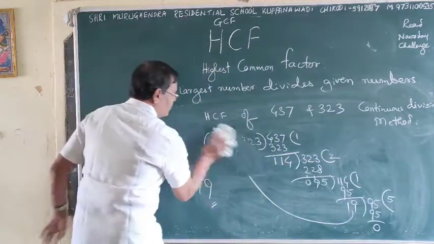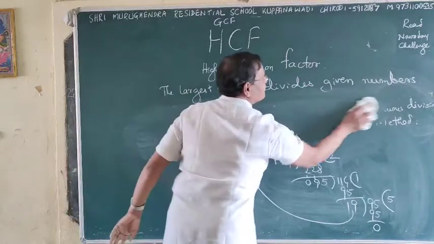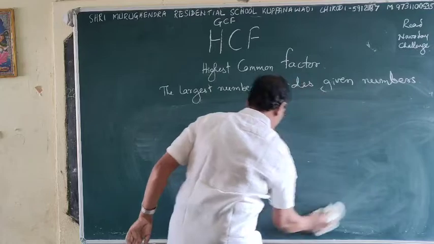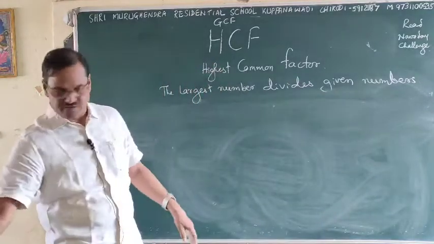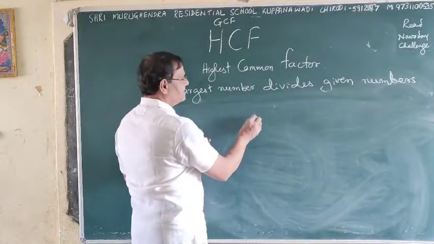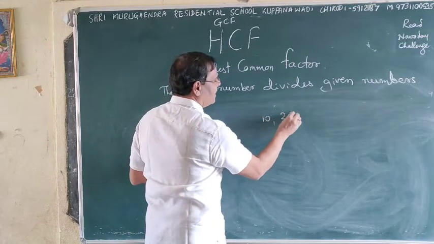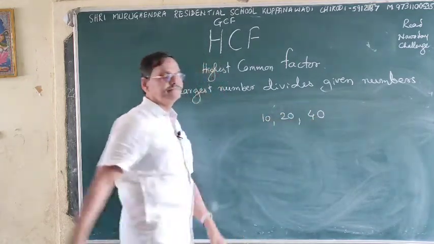Now I am giving you mouth calculation. How do we have to do mouth calculation? See, find the HCF of 10, 20 and 40.